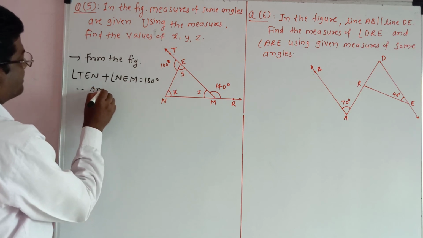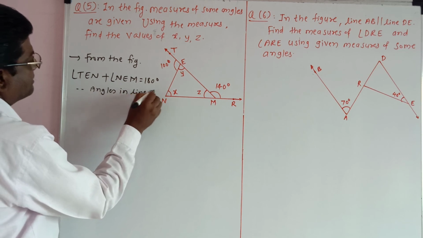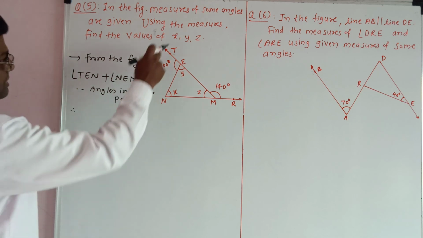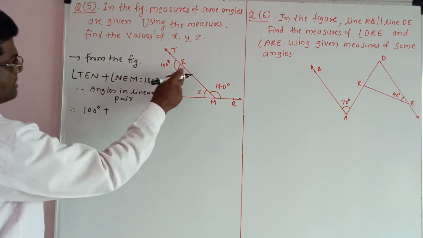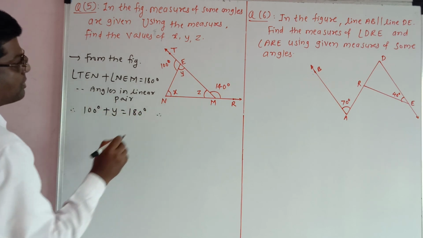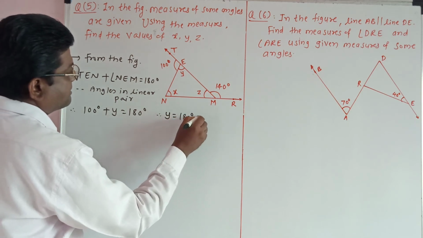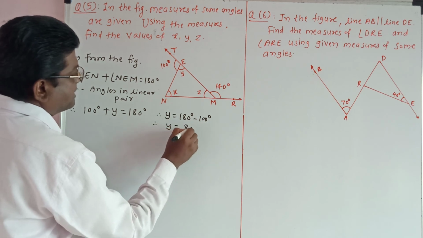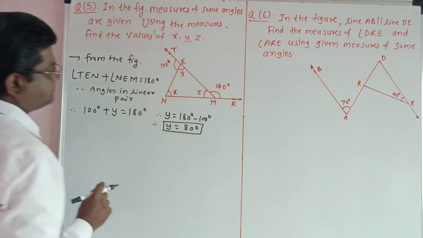Reason is angles in linear pair. But angle TEN is 100 degree plus y is equal to 180 degree. Therefore, y is equal to 180 degree minus 100 degree. Therefore, y is equal to 80 degree.